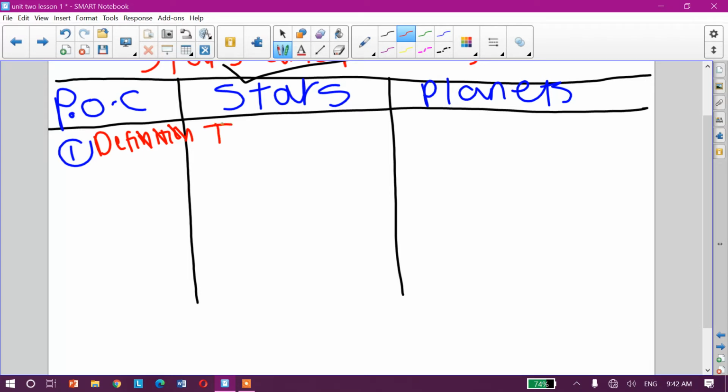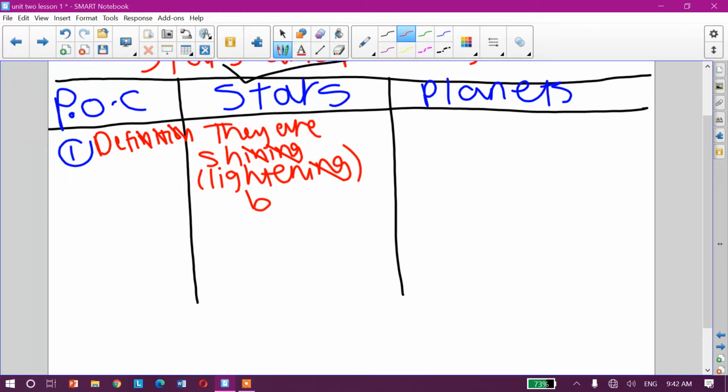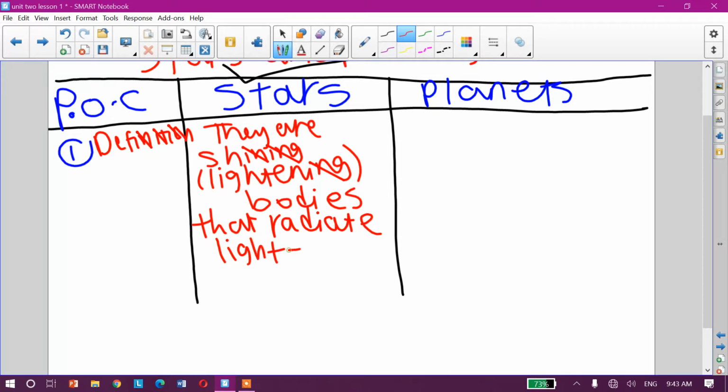They are shining or lighting bodies that radiate. What's the meaning of radiate? Emit or release light and heat.